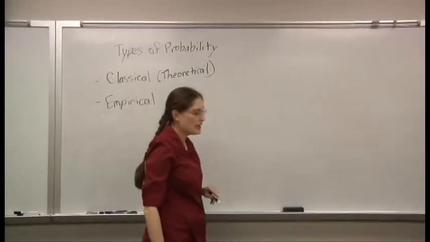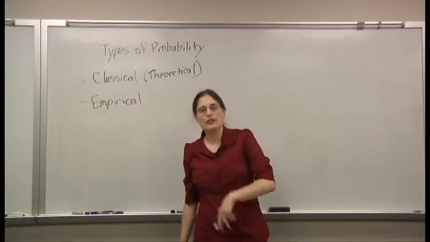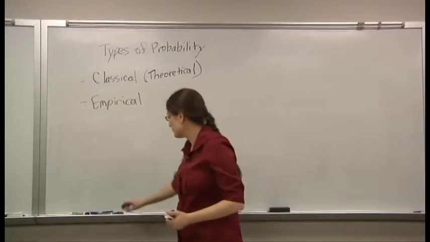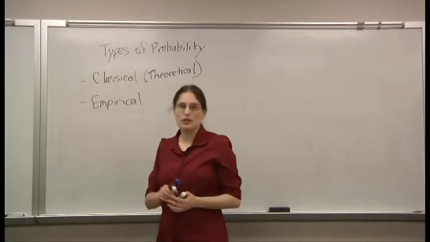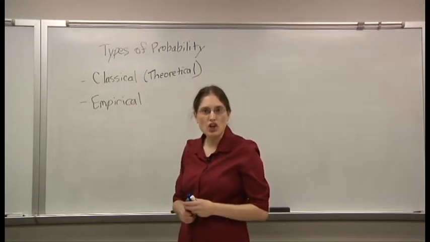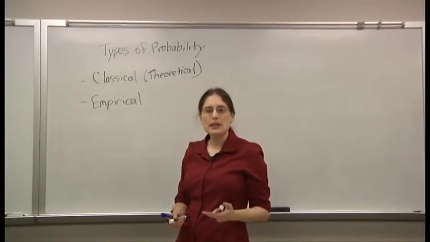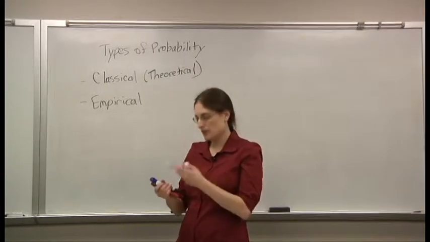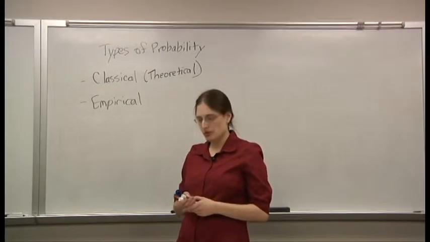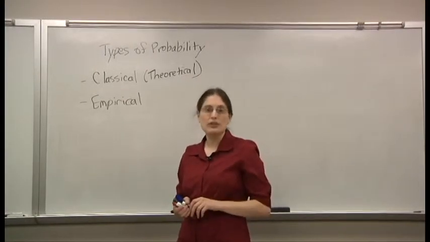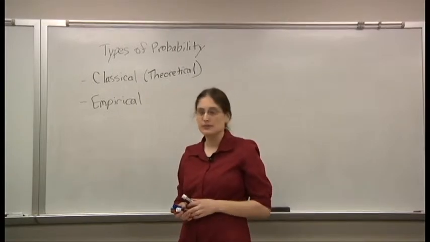Theoretical probability has to do with flipping coins, drawing a marker, drawing a marble out of a jar. You know what's going on. It's based on rules like, okay, there are 6 markers, 3 of them are black. The probability of black is 3 out of 6.